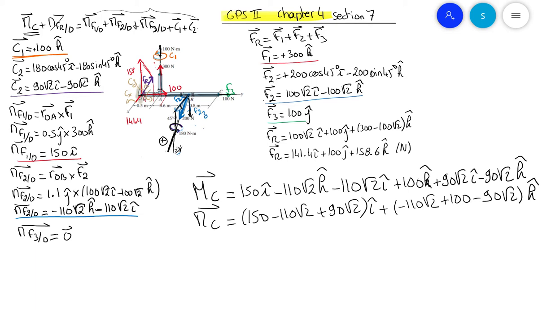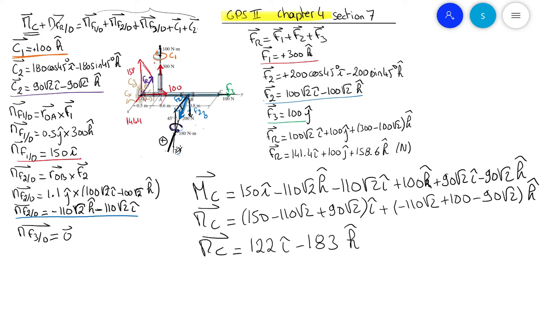So M_C, let's take my calculator: 150 minus 100 square root of 2 plus 90 square root of 2 is 122 on I hat, and the K component is minus 183 on K hat.